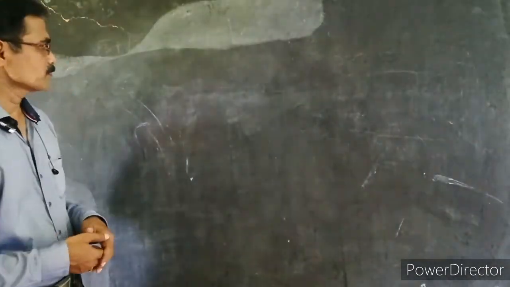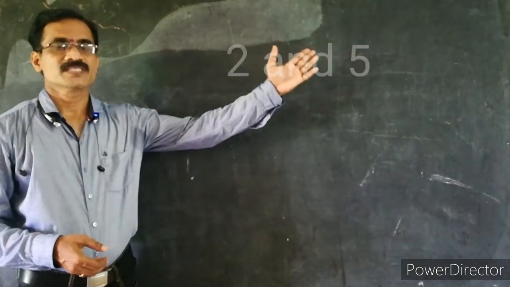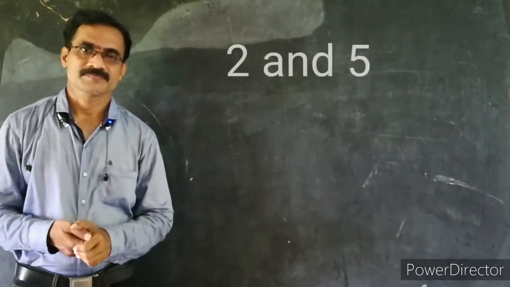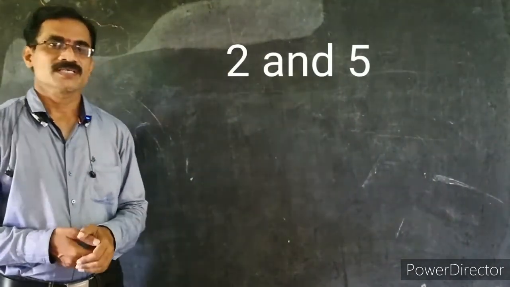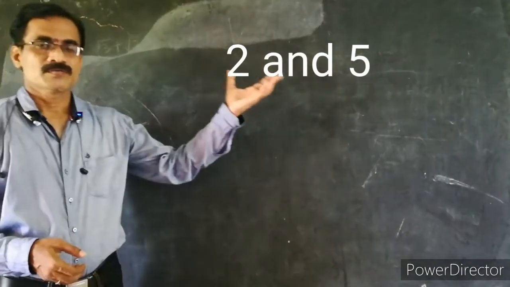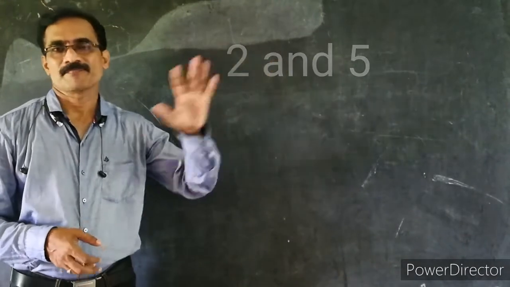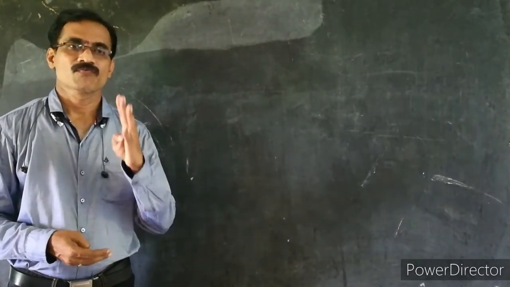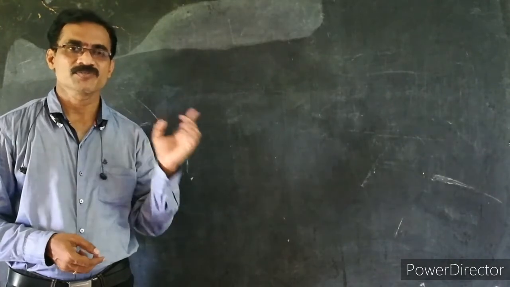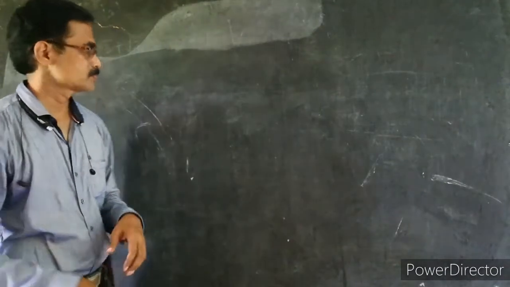For example, between 2 and 5, how can we write 4 rational numbers between 2 and 5? Let us take that example.